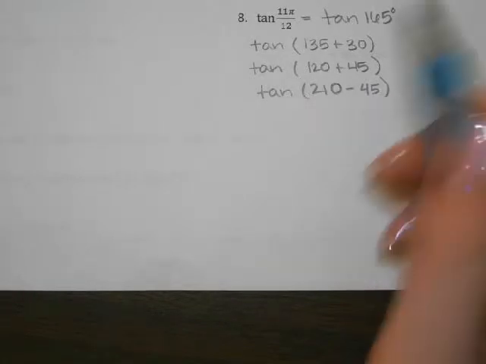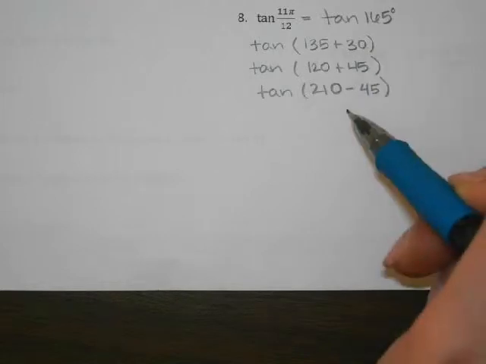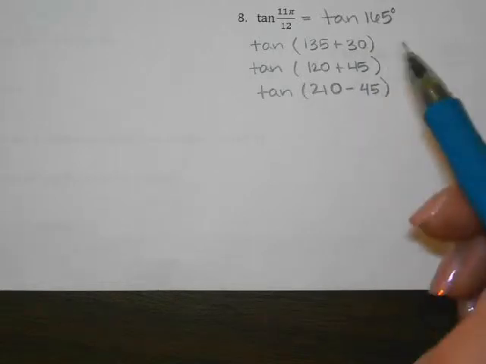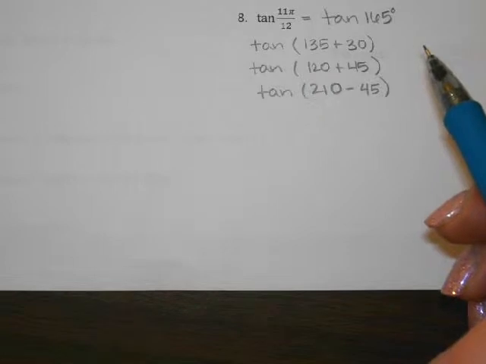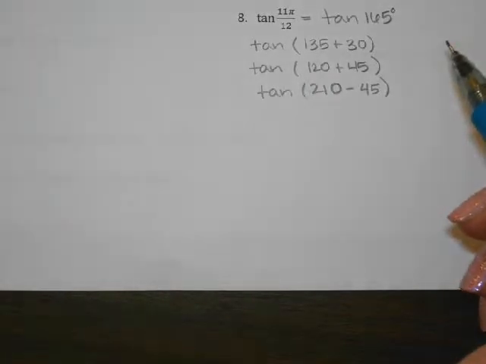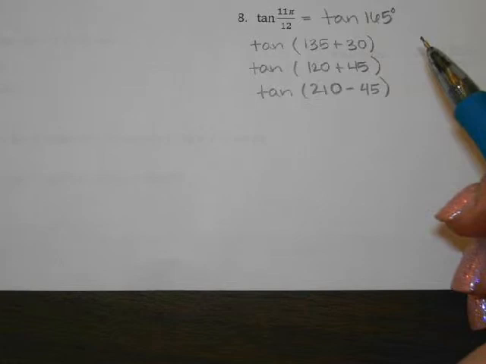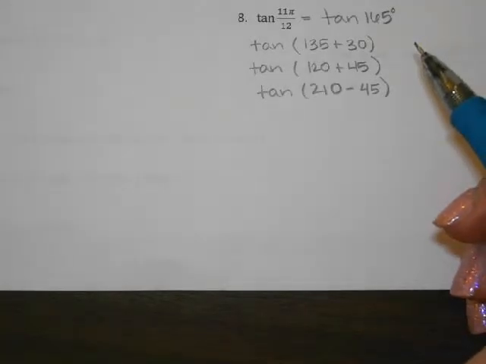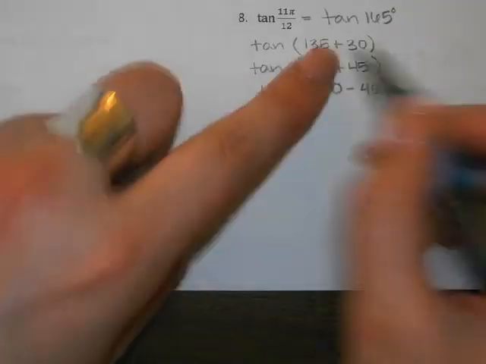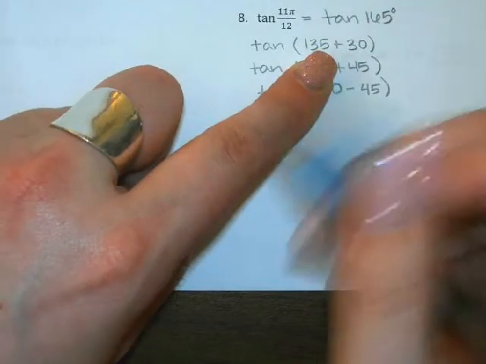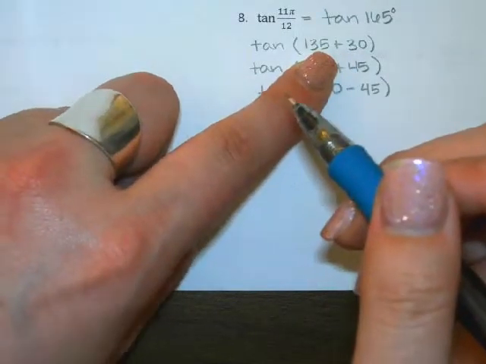So what I like to do with tangent is come up with a few different options, and then if I can avoid using a root 3 over 3 for tangent, then I can make the problem easier for myself. Does that make sense? So if you remember yesterday, whenever you watch the video, I did the same problem twice, and I showed you that it could be easier or more difficult depending on what you choose.